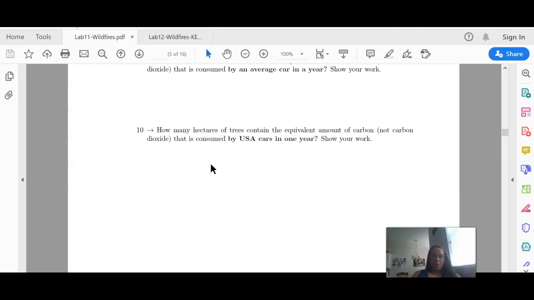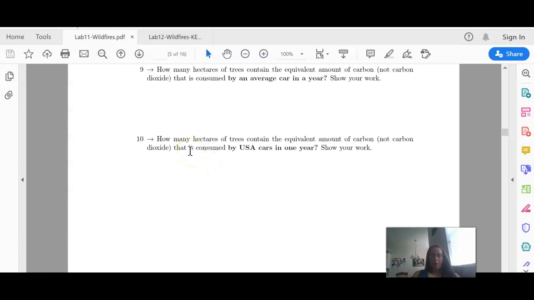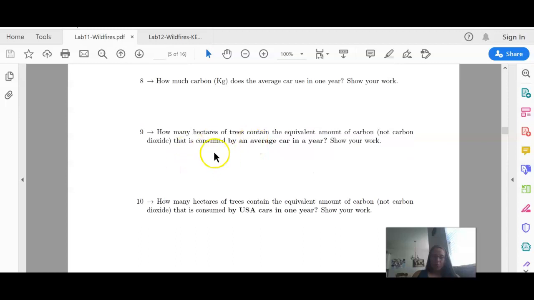Question 10 asks us, how many hectares of trees contain the equivalent amount of carbon, not carbon dioxide, that is consumed by the USA cars in 1 year? So now you are looking at all of the cars in the USA, but it's similar to what we just did for question 9 in terms of comparing the hectares to the amount of carbon that is released.